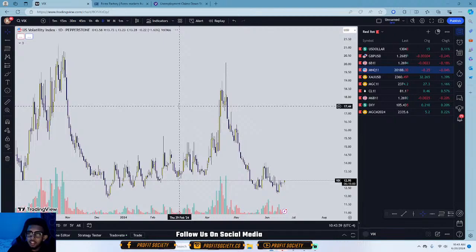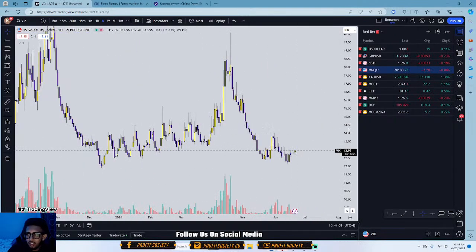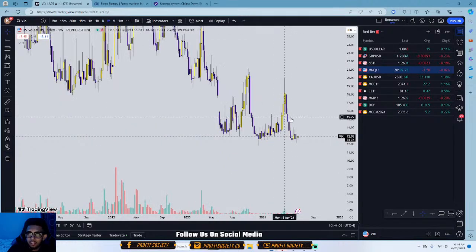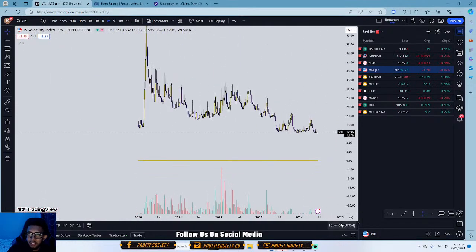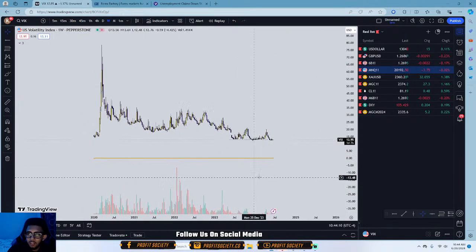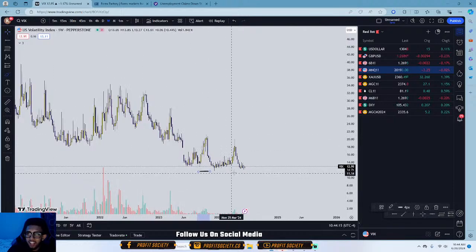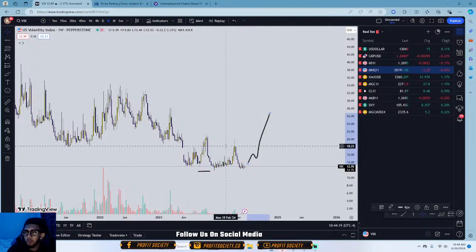That was the S&P volatility index I was looking at. This is the entire US volatility index. And you know what's crazy? This thing is at an all-time low. So I wouldn't be surprised if we actually trade up on this and the markets just start going more volatile.